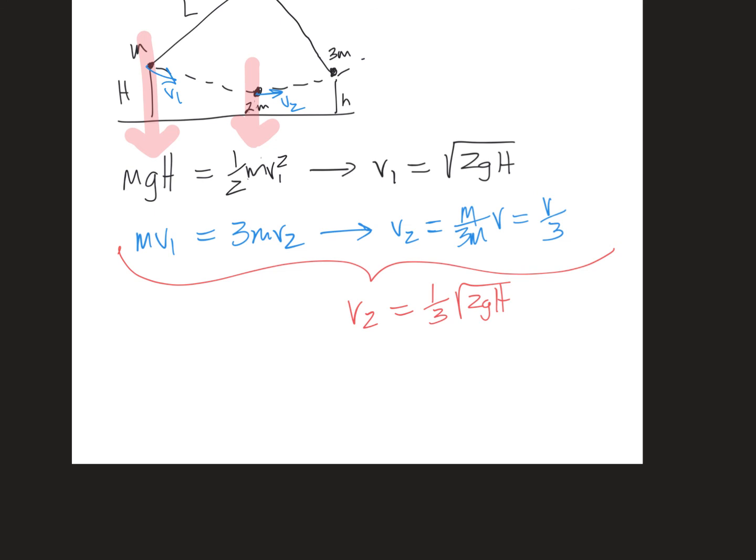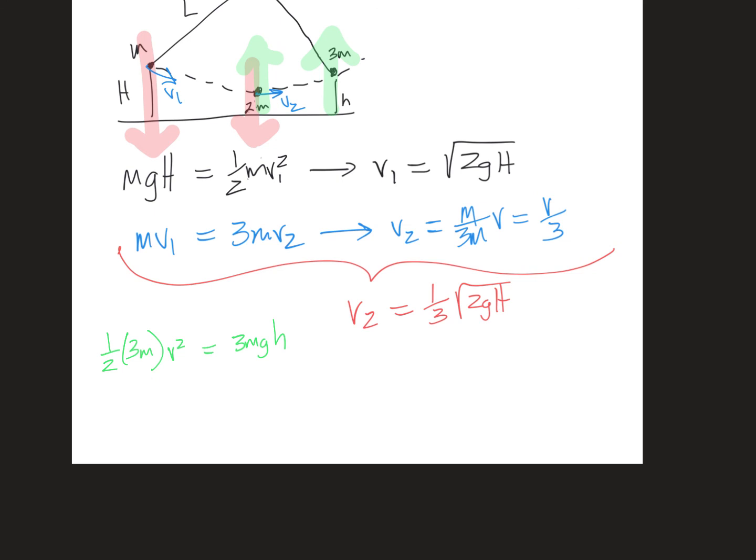We pause on that stage 1 of the game, and I really took up a lot of space there, so I'm going to have to be careful in the last part here. So now we're going to go from here to here. So what do I have? I'm going to have half of their combined mass, so I could say 3m, times v squared, and that's going to equal 3m g little h.